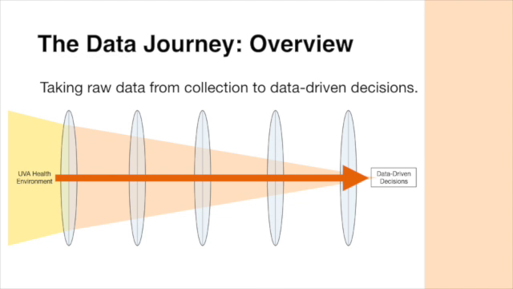A data journey. Overview. At the start of our data journey, we have the whole UVA health system environment and all the data packed in there as it is now. We want to take raw data from collection to data-driven decisions.